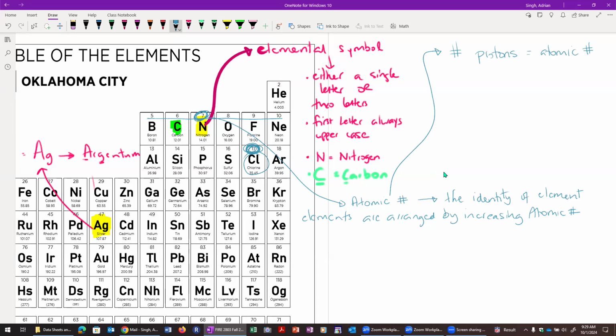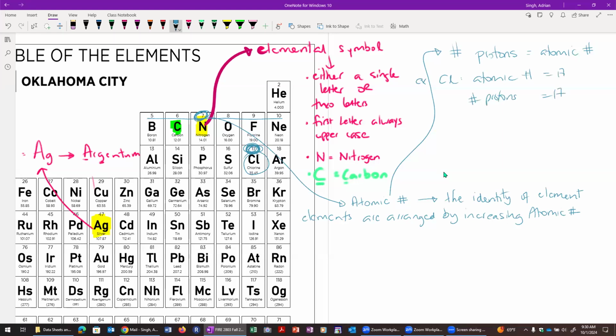So again, if I tell you, you have this element with atomic number 17, what element is it? Well, it's going to be chlorine. We look it up. And if it's chlorine, we know that it has to have 17 protons. Cl has atomic number 17, and it also has 17 protons.